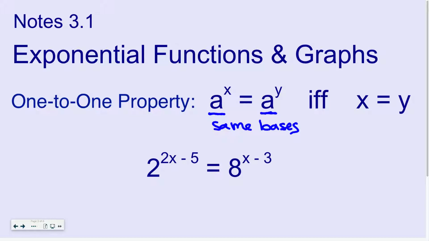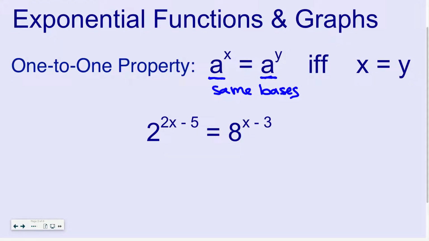Now, look at the problem that I gave you. Can you use one-to-one as is right now? No, because they don't have the same base. But in some cases, you might see that you could rewrite one or both of the bases so that they would have the same base. Now, you have to be really thoughtful here.